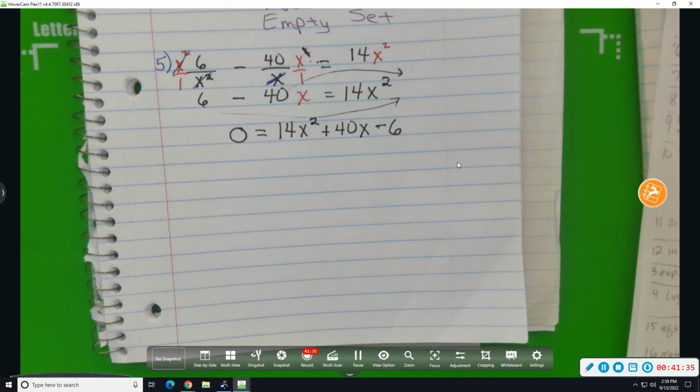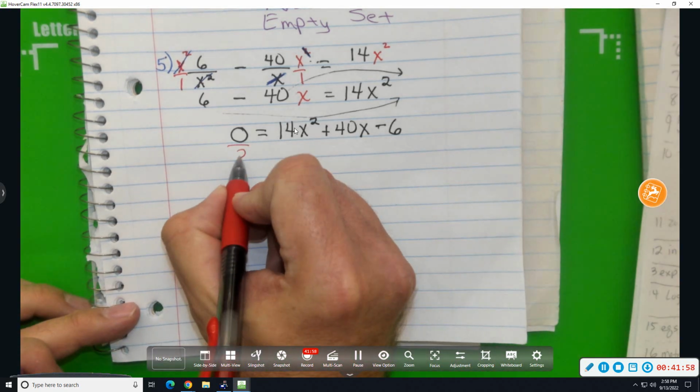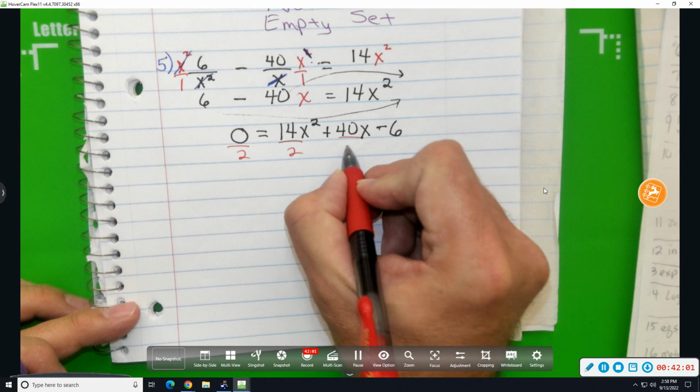Would you rather be factoring something that had a 2 or something that had a 240 that you had to write out numbers that multiply together? What can we divide by? Oh, what can I divide by? What number? 2. So I'm just going to go straight through dividing by 2.